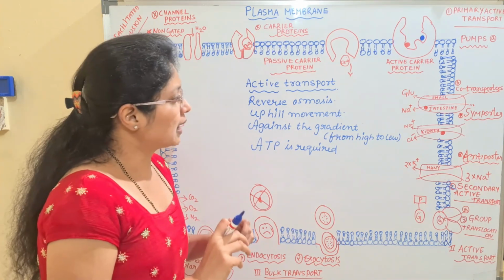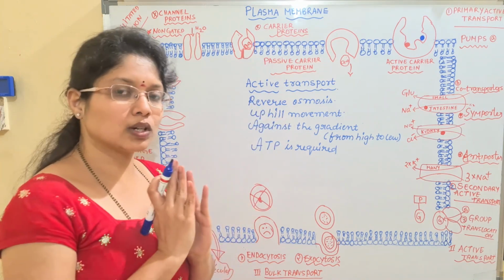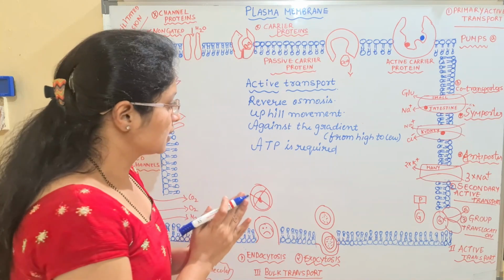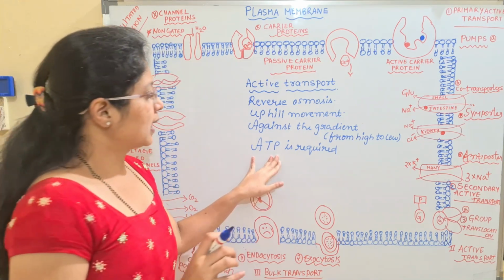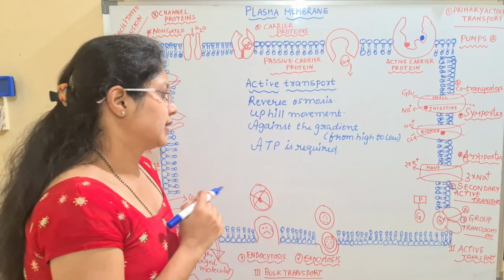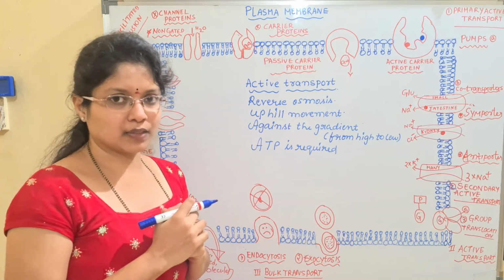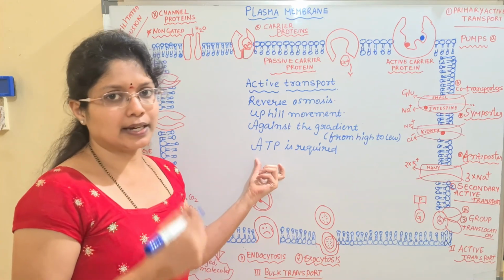I am saying that the energy is required. In active transport, we have two situations. The energy is definitely required. Some molecules are very faithful and use the direct energy, that is ATP. So they depend upon the cellular energy, which is ATP.